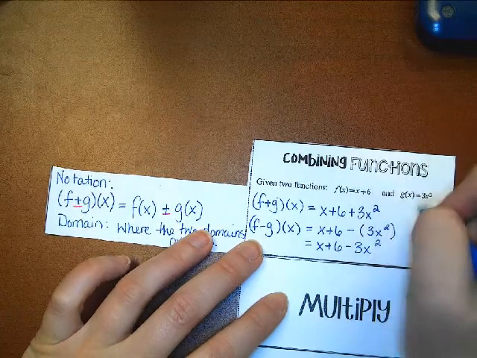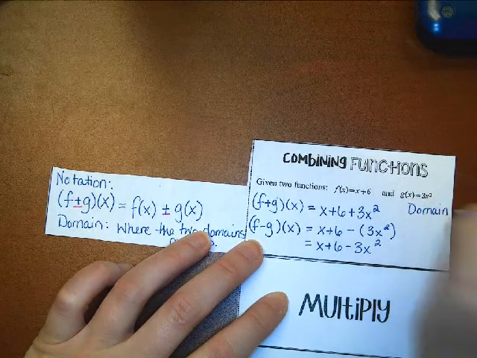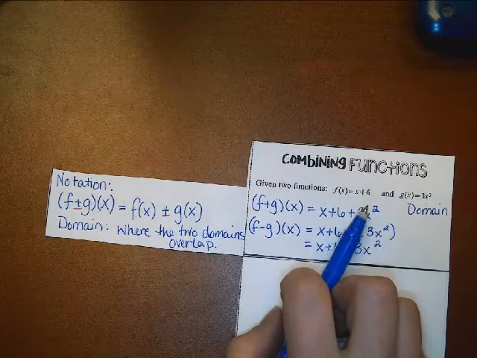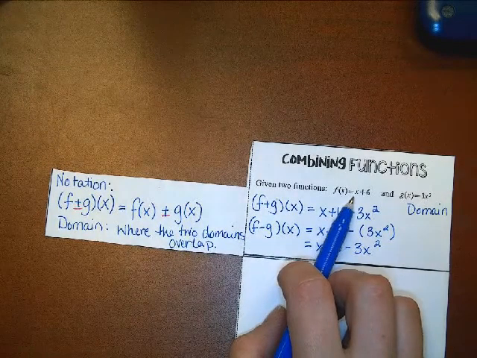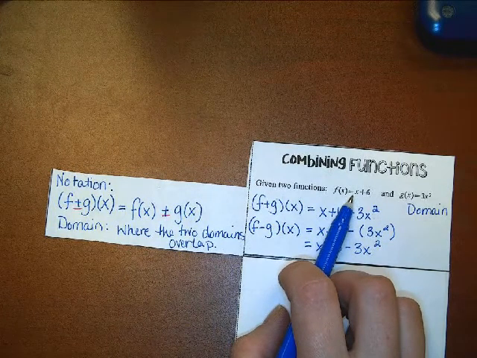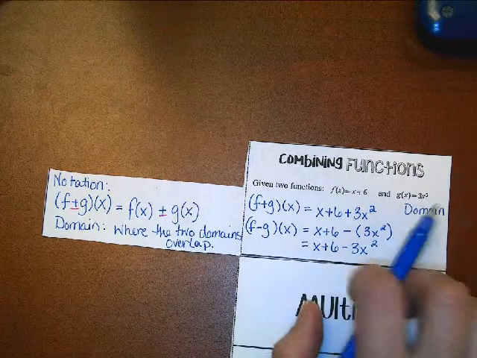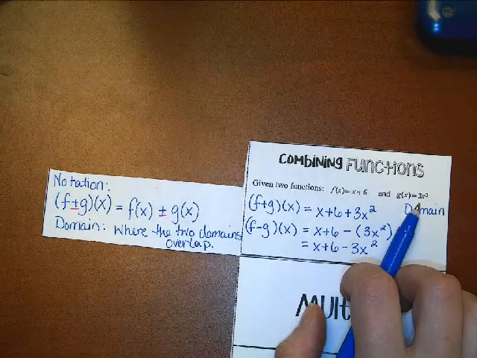What is the domain for both of these new functions? Do I have any restrictions on x for f of x? No. What's the domain of x plus 6? Yes, that's correct, Tom. Negative infinity to positive infinity. What's the domain for 3x squared?